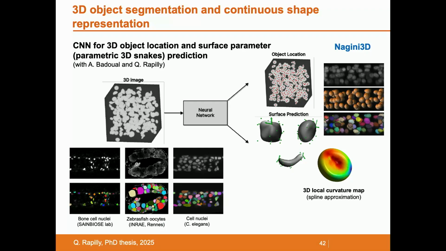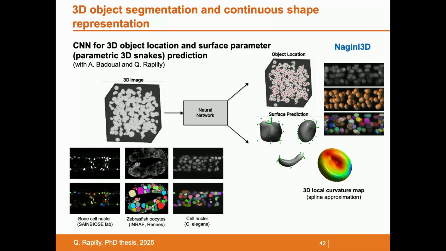from these binary maps. So here we designed a new approach that combines CNN with active surfaces. Maybe some of you know the snakes or active contours developed 40 years ago. The idea is you can represent a shape by a surface controlled by landmarks or control points, and the shape is approximated by a 3D spline.